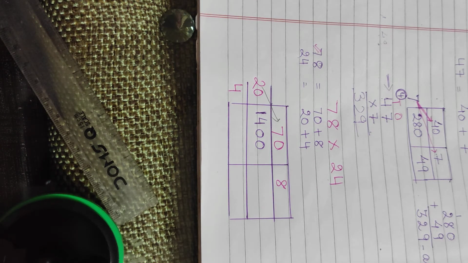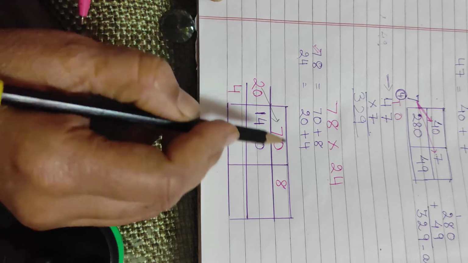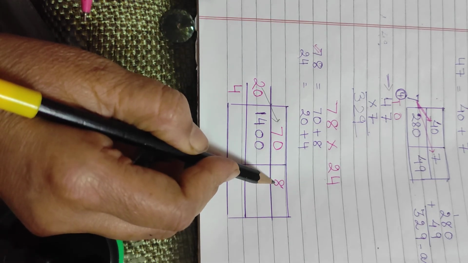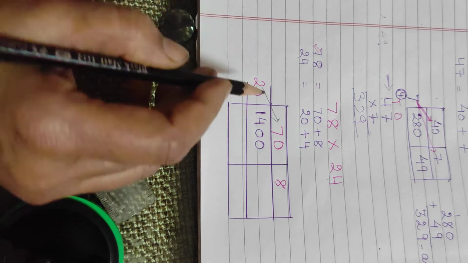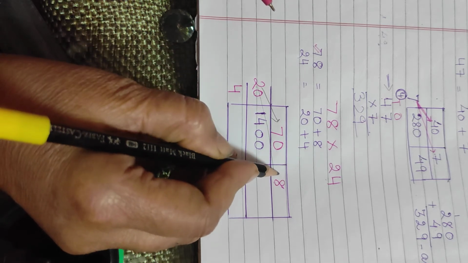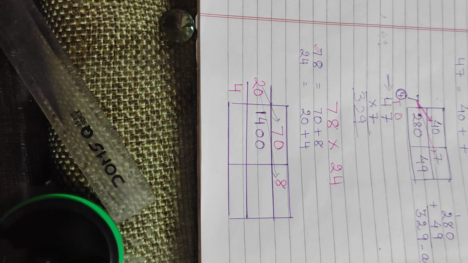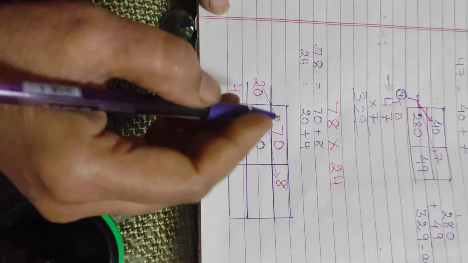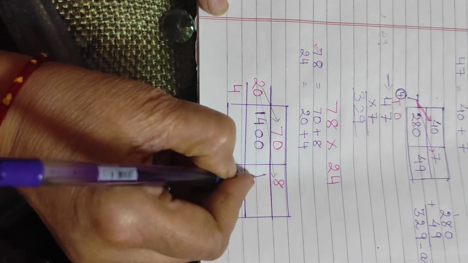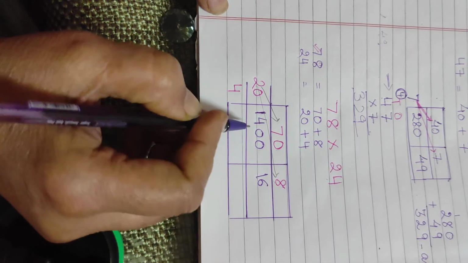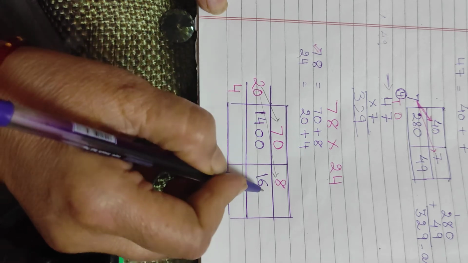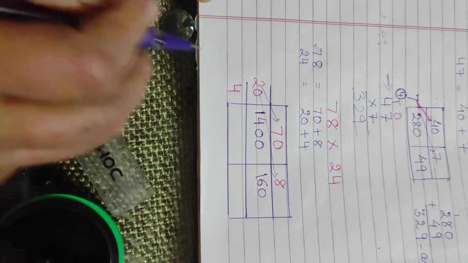Similarly, we will read 2's table 8 times. Here 2 eights are 16 and 2 is having 1 zero, so you will put 1 zero here.